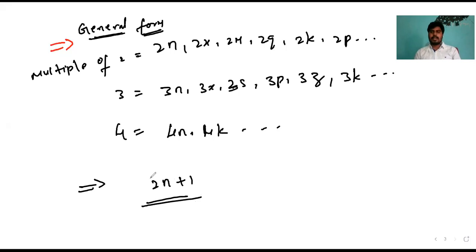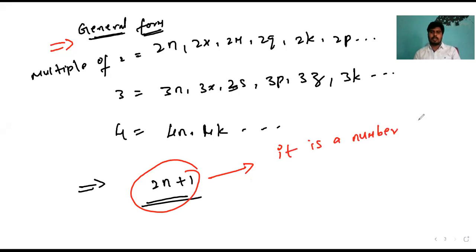Right? 2n plus 1 is nothing but a number. It is a number having more than a multiple of 2.